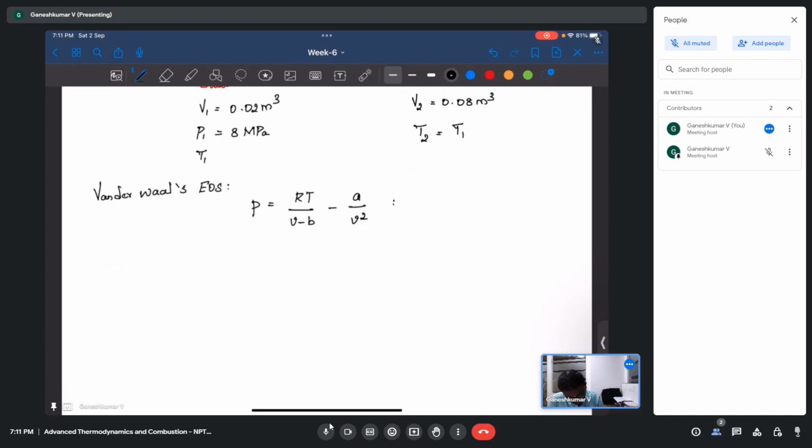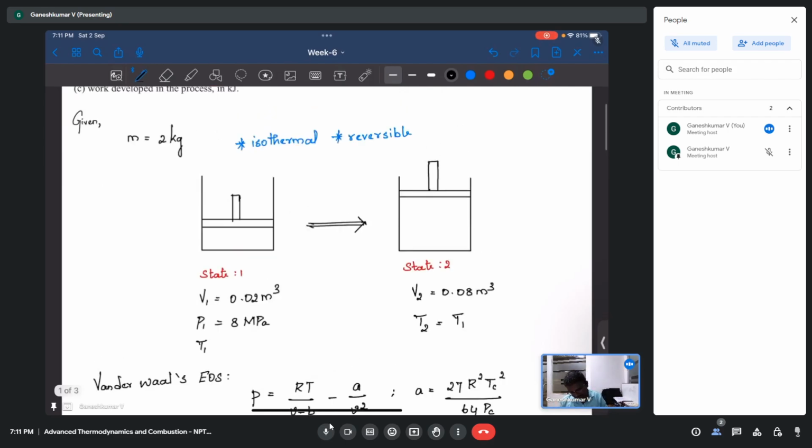What are a and b? a is 27 R square TC square divided by 64 PC, and b is R TC by 8 PC, where PC and TC are the critical temperature and pressure for a given gas. In our case, the gas is air.